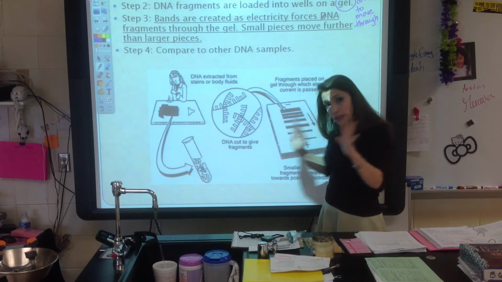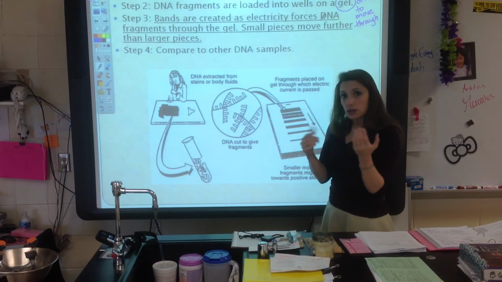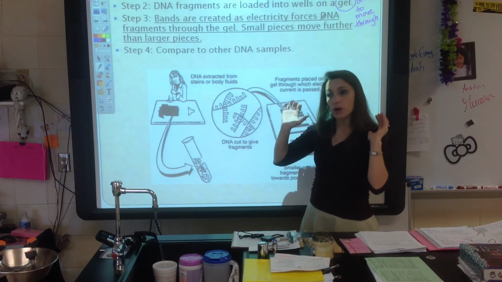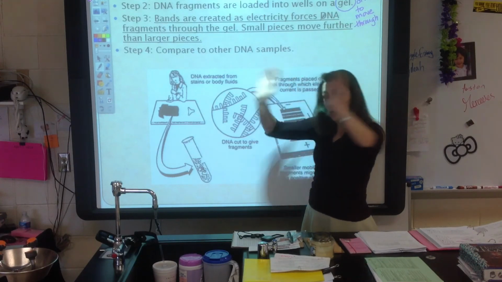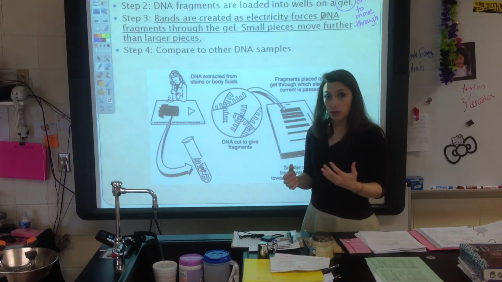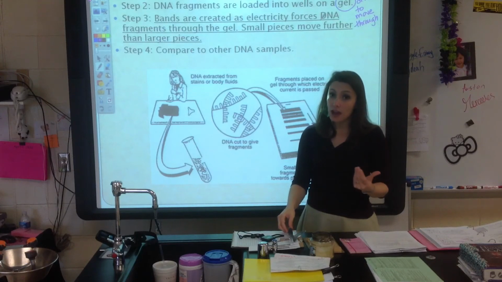Now as those pieces are moving, we've got some big pieces and some little pieces. So a good example is, if I take a bowling ball and a tennis ball, and I push them with the same force, which one will go further? I'll be able to throw the tennis ball further because it's smaller and it can go faster.